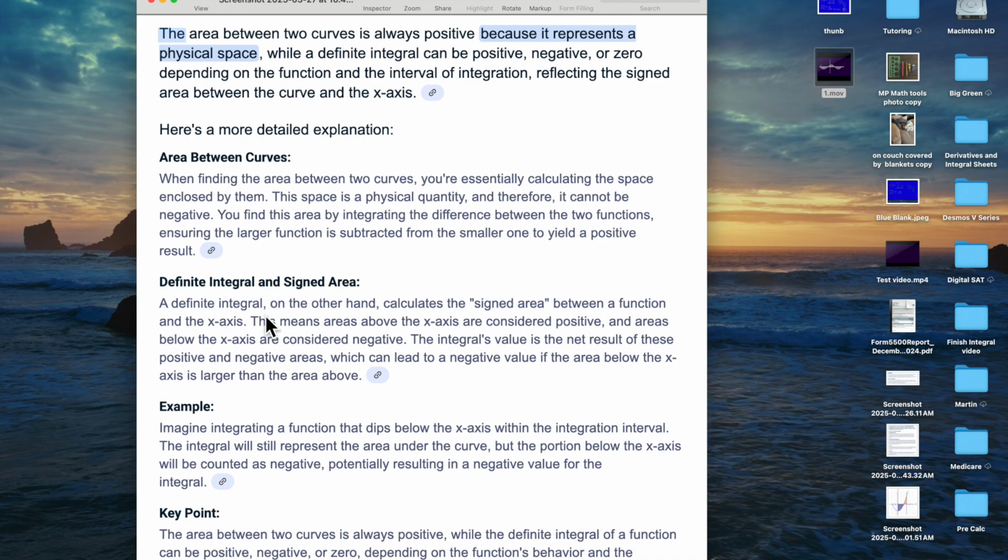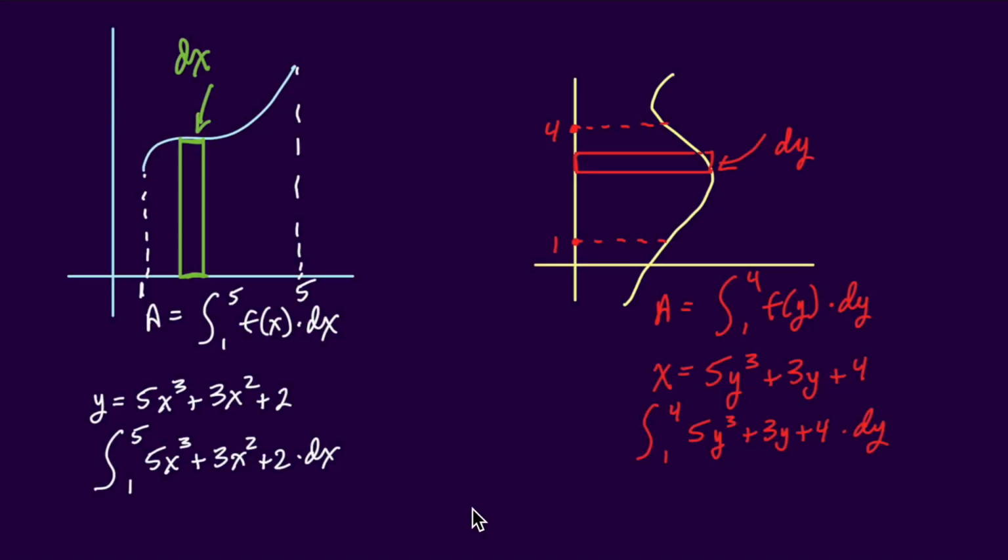When you're doing a definite integral, it calculates the signed area between the function and the x-axis. So you're going to get positive, negative, or zero with the definite integral. On the left, we have a typical definite integral where we are using dx as the width and f of x as the height, and we are summing these vertical rectangles.